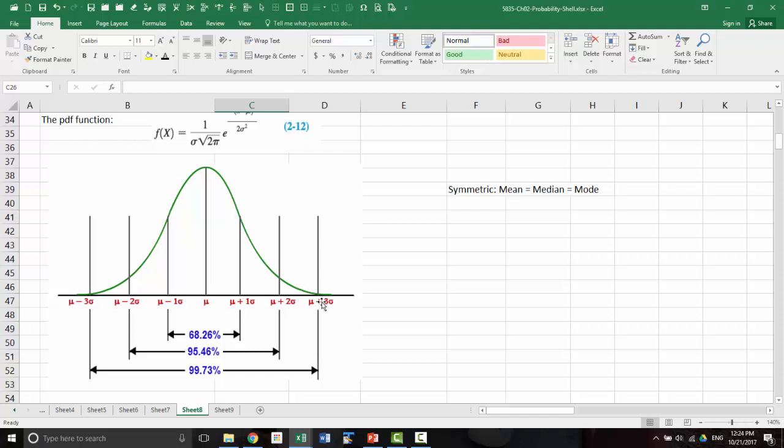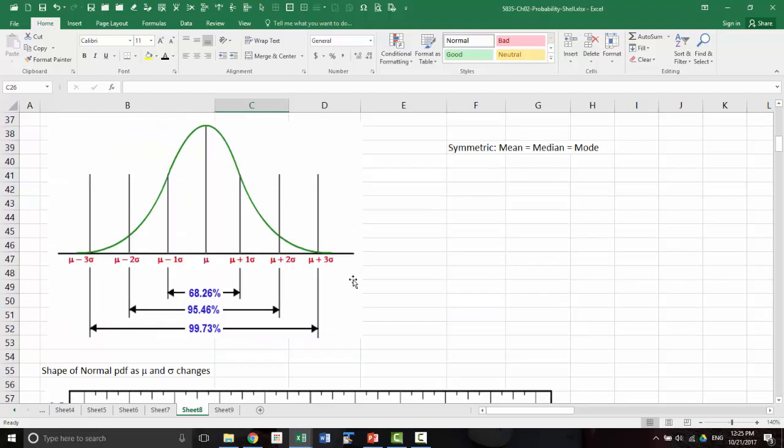And a three standard deviation interval to the left and to the right will cover almost all, 99.73% of all the values in the normal distribution. That's why plus or minus 3 standard deviations is often used as a quick and dirty way of computing all reasonable values for a given process.